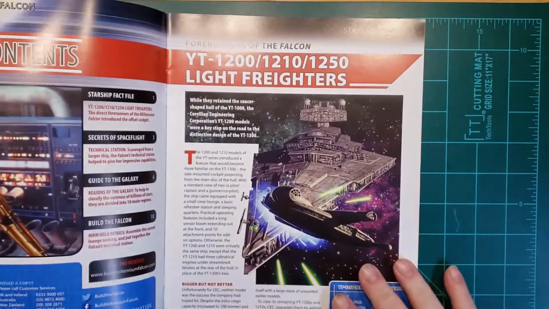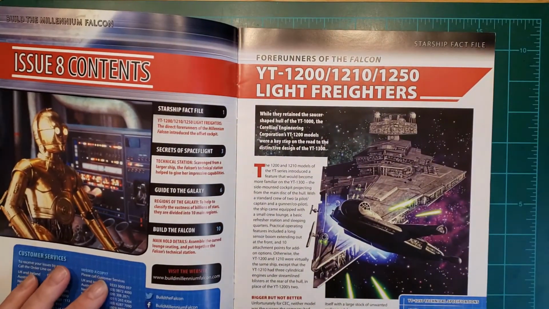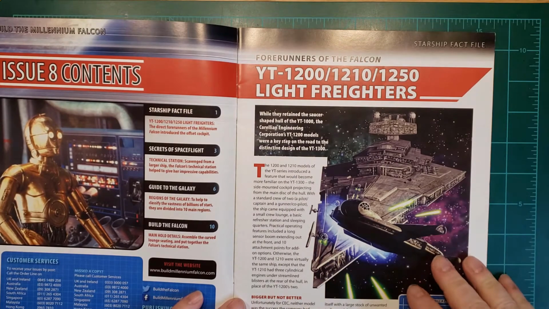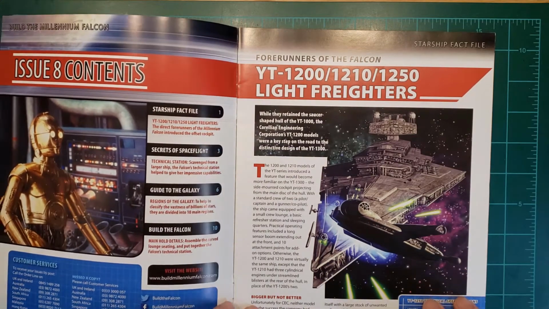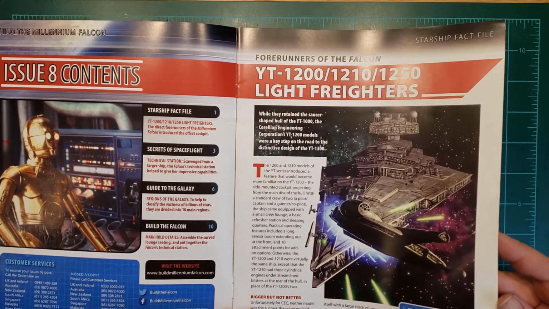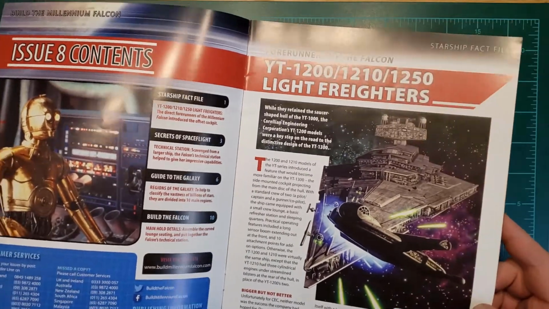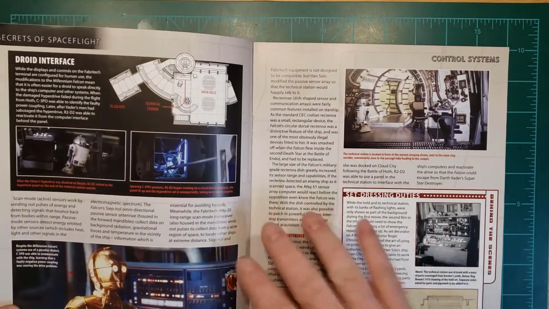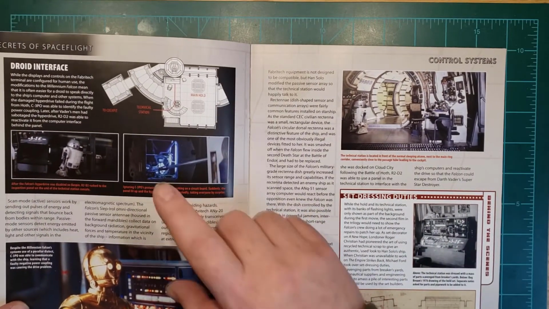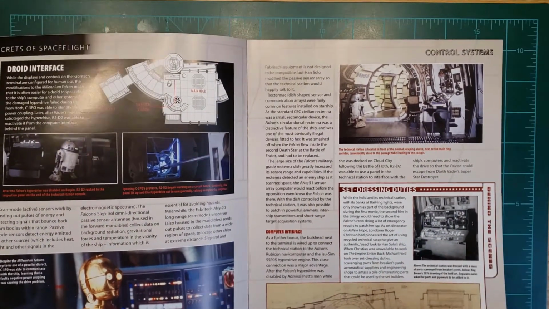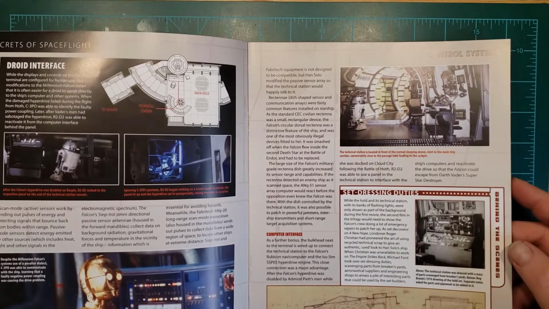So let's go ahead and go through, see what this issue is going to entail. This issue, we're going to talk about the YT1200 and its sub variants. Then we're going to talk a bit about the droid interface, because that's always important when we're talking about the Falcon.